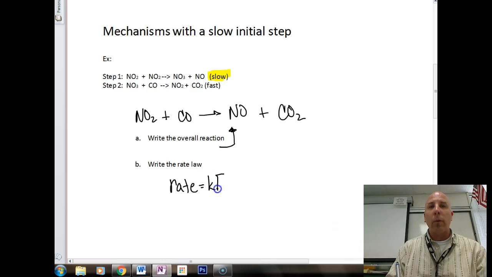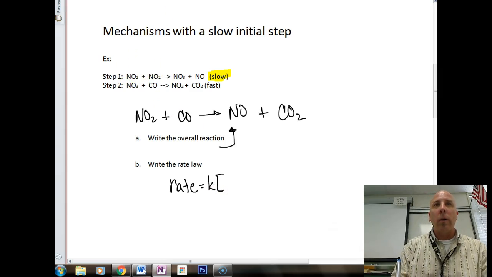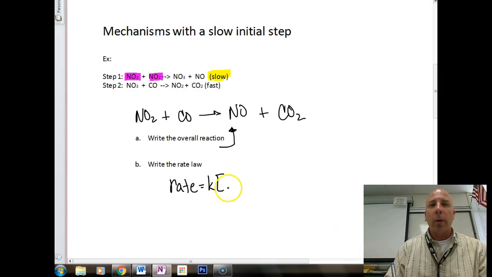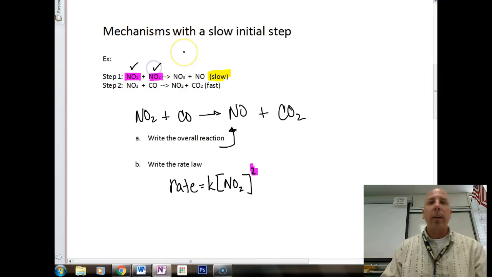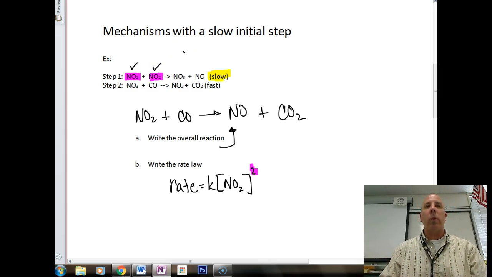In this case, our reactants are nitrogen dioxide and nitrogen dioxide. Since we have two of them, we just write NO2 second order, because there were two of them. It's bimolecular, just like that. And there we go, we just wrote our rate law. It's a second order rate law based on NO2.